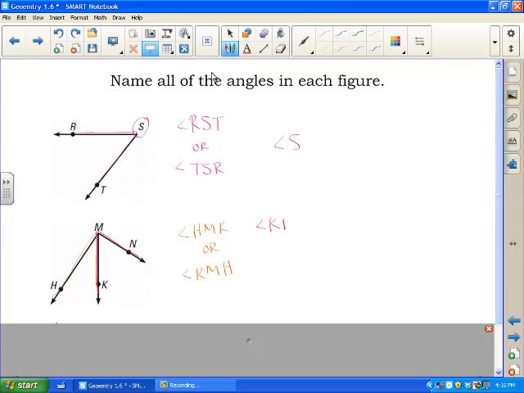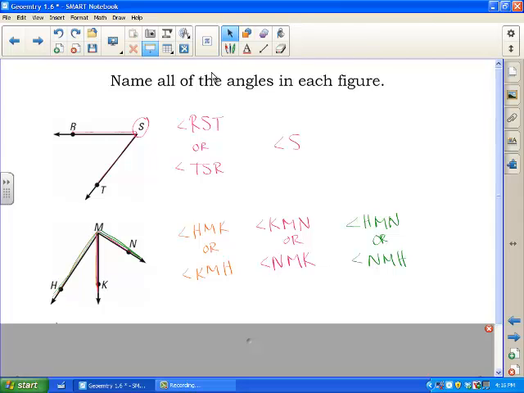I could either name this angle angle KMN or angle NMK. Now let's look at this big angle that has rays MH and MN as its sides. I could call this angle angle HMN or angle NMH. Now in the last problem I was able to call that angle angle S, and I could name it just by the vertex. But in this angle I have 3 different angles that all share M as a vertex, so I can't call any of them angle M.